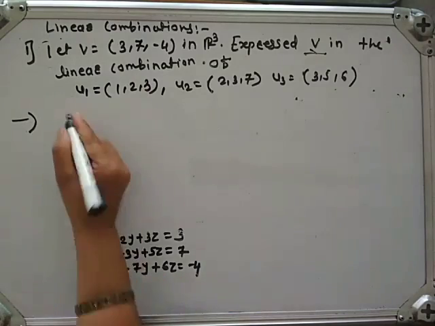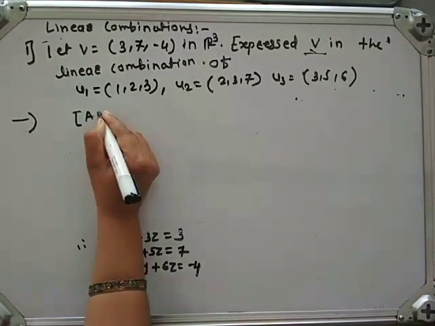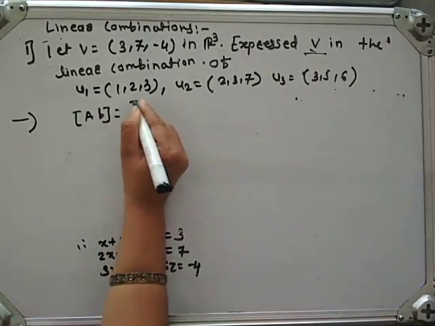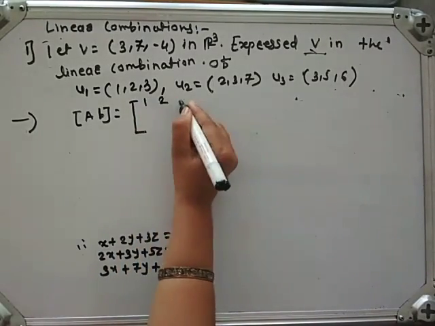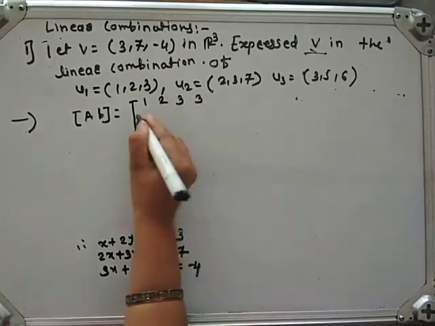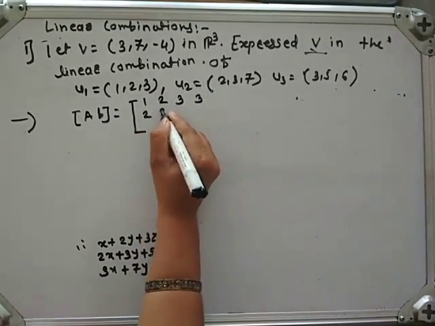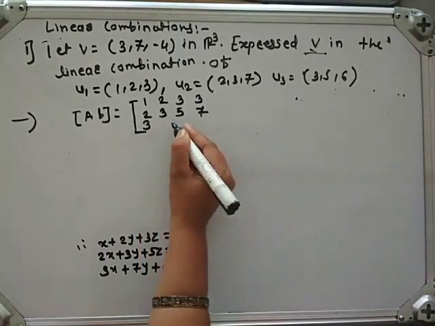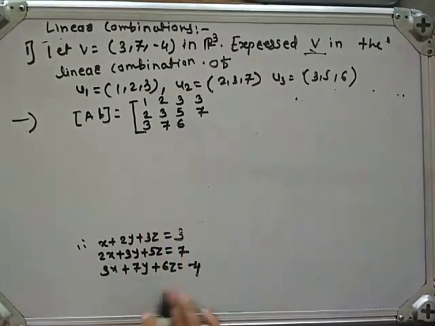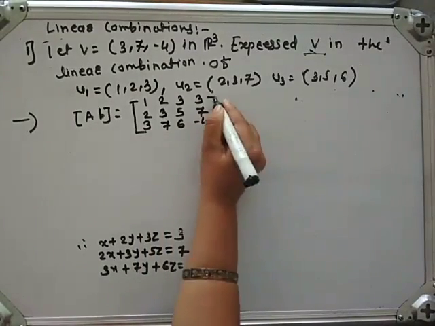Therefore, its augmented matrix [A, B] is nothing but 1, 2, 3, 3; 2, 3, 5, 7; 3, 7, 6, minus 4.